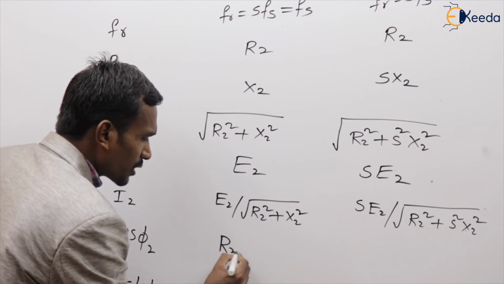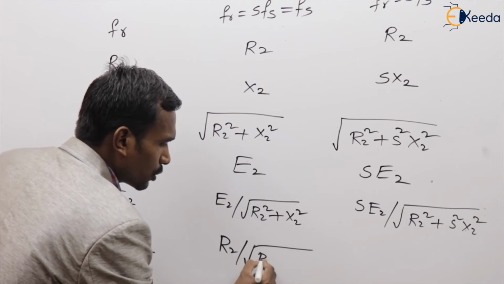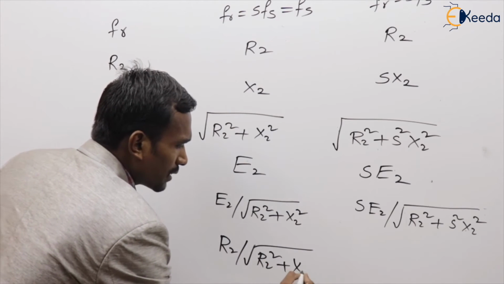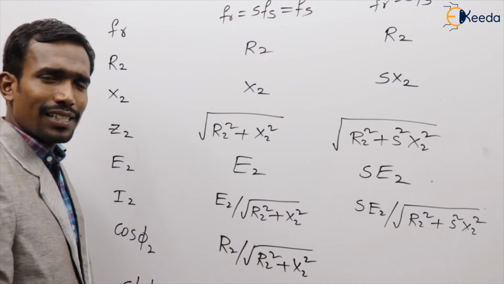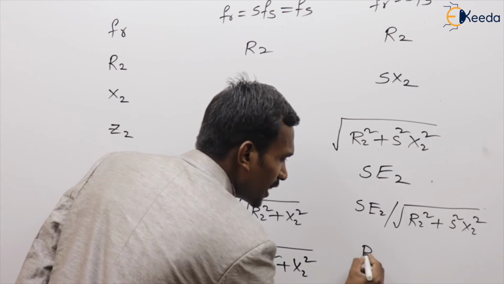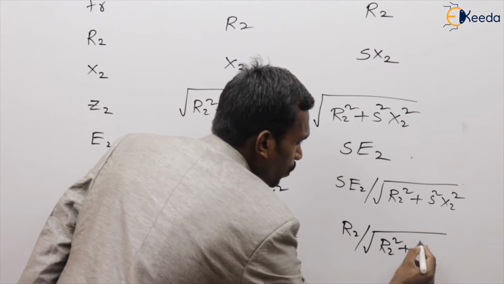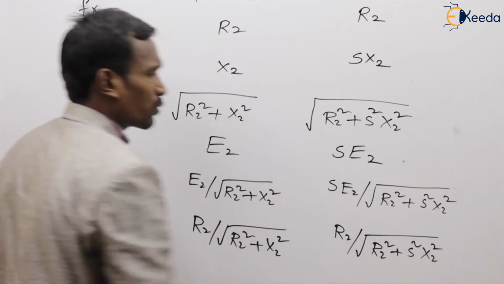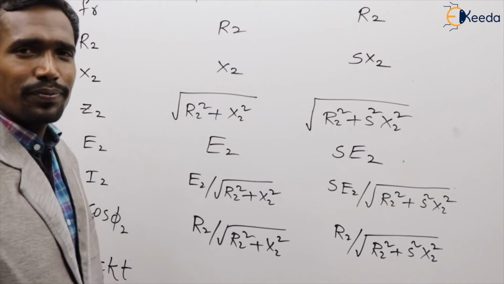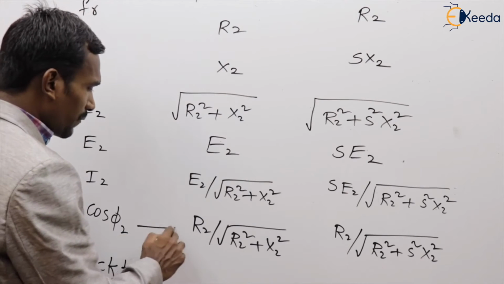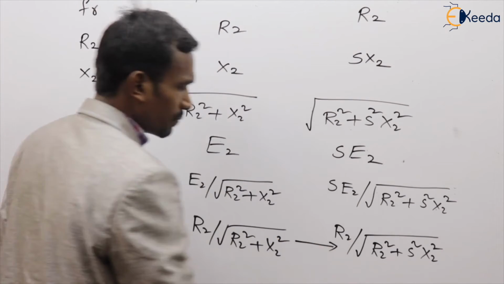Power factor is equals to R2 by Z2 at starting condition. At running condition, R2 by square root of R2 square plus S square X2 square. Right? This is the power factor at starting and running condition.